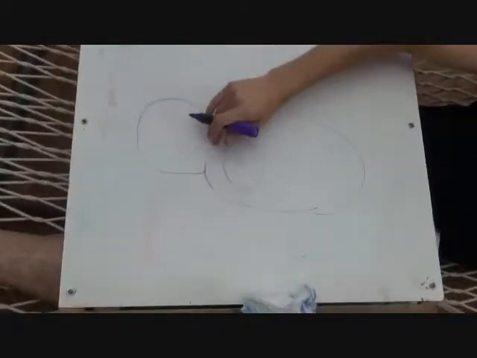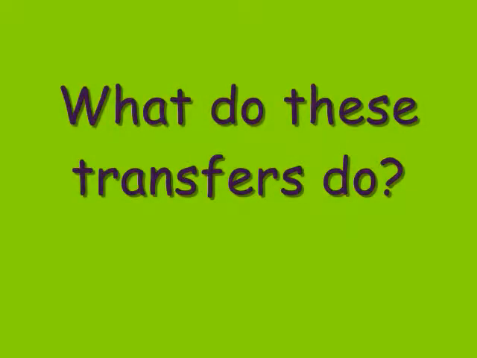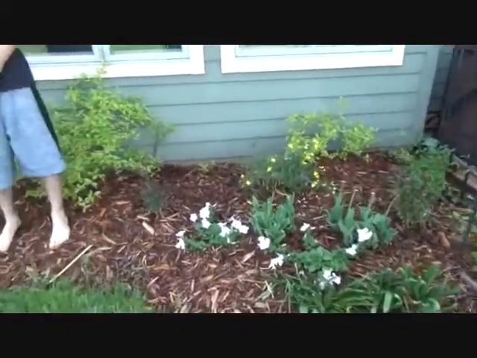This is called conjugation. This frequent transformation between the bacteria allows them to become resistant to antibiotics, and it also allows for rapid mutations.